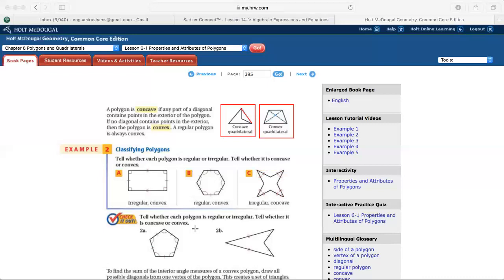Okay, tell whether each polygon is regular or irregular. Tell whether it is concave or convex. This one, all the sides are equal, all the angles are equal, so it's equilateral and equiangular, so it is called regular, and all the regulars are convex, so I can write it here, regular and convex.